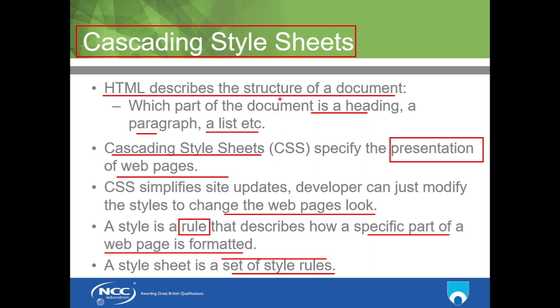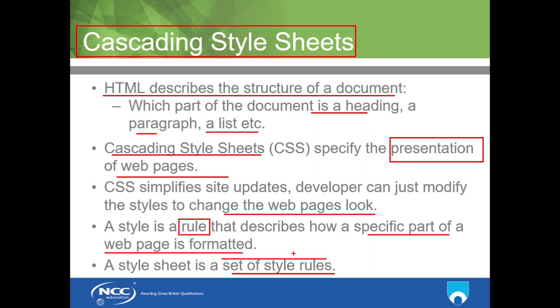So really, with CSS, you're able to format your web page just like you would format your Word document. So you can change things like font, the font color, the font face, the font size. You can change the line spacing or even the spaces between paragraphs or different parts of your web page, background color, text or foreground color.